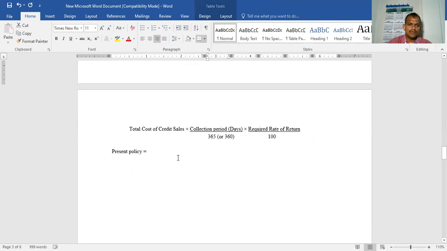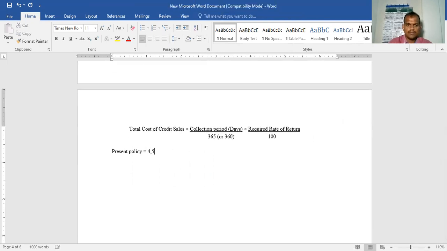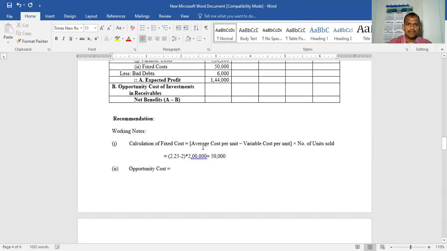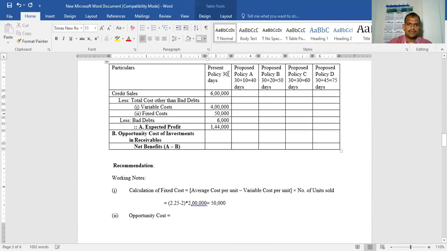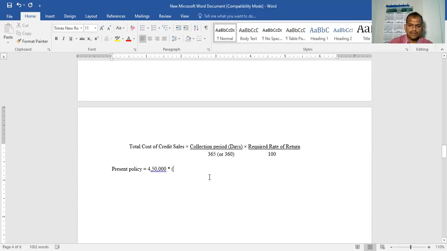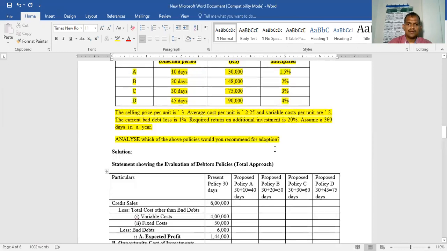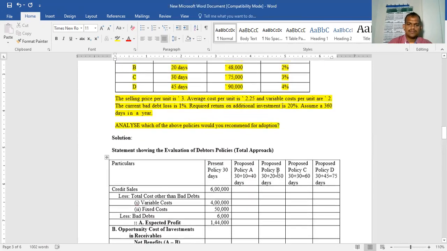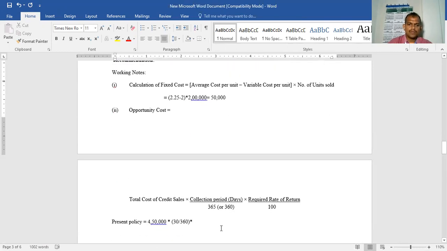So 4 lakh 50,000 into collection period, 30 days collection period, by 360 days, into required rate of return, 20%.